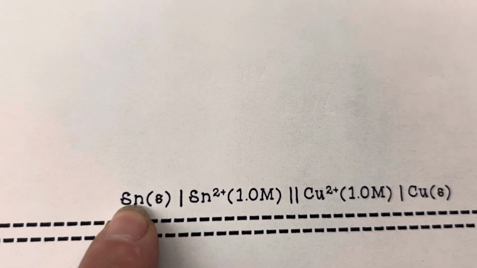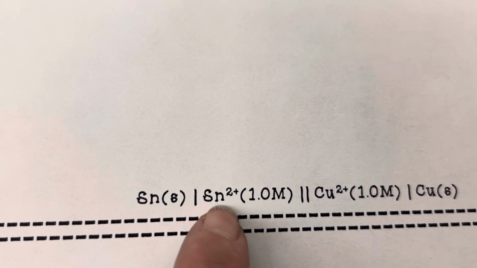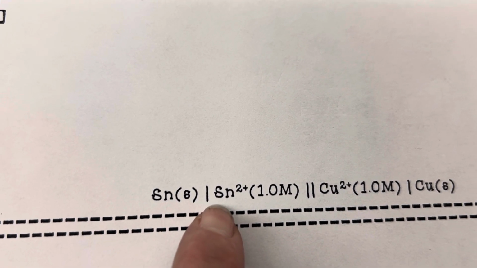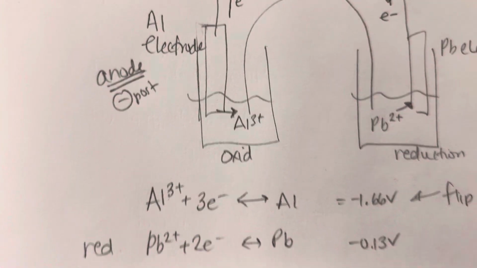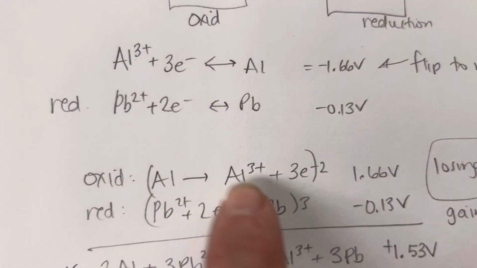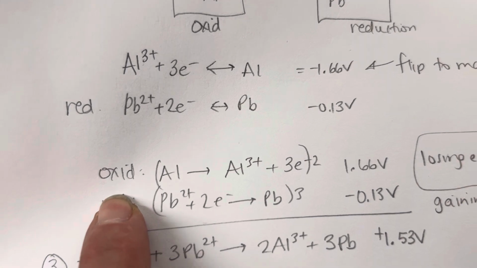So if you notice, it went from Sn to Sn2 positive. Okay, that is where my oxidation is occurring. Remember here, if we look at this picture, it was going from Al to Al3 positive. That's where oxidation occurs.